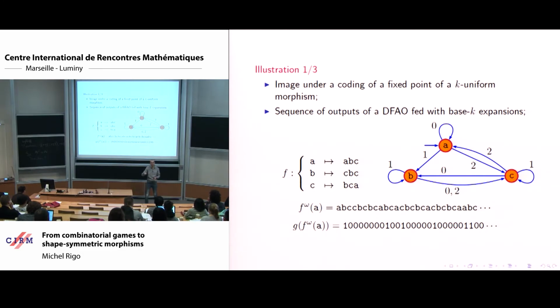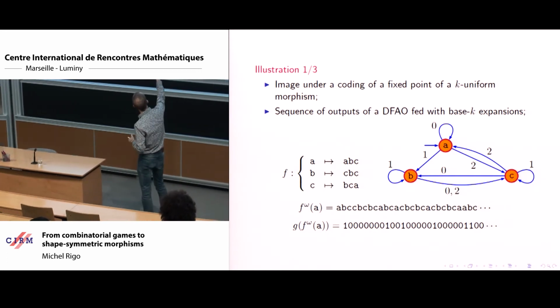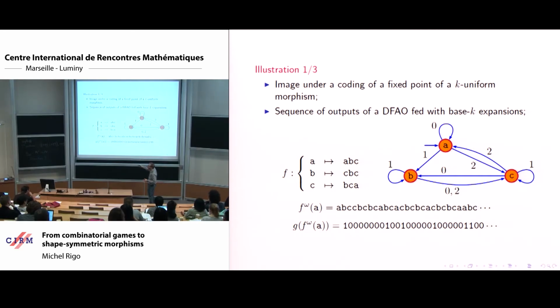You feed this automaton with the base 3 expansion. When I give you the morphism, you can build the states of the automaton and the transitions. Remember that if I have an A here, it comes from this letter A, and if you look at the image, which is A, B, and then C in that order, it gives you the three transitions with 0, 1, and 2.